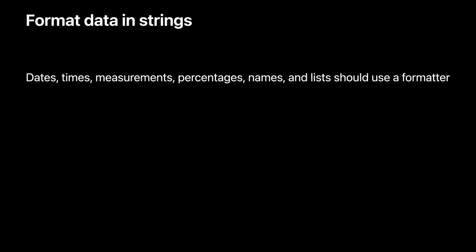Finally, we've seen today all the ways you can write localizable strings. But if you want to present data, you should actually let the frameworks write them for you. Our formatters handle hundreds of combinations of languages and regions, and a variety of types and units. So don't hard code, let us do the hard work.